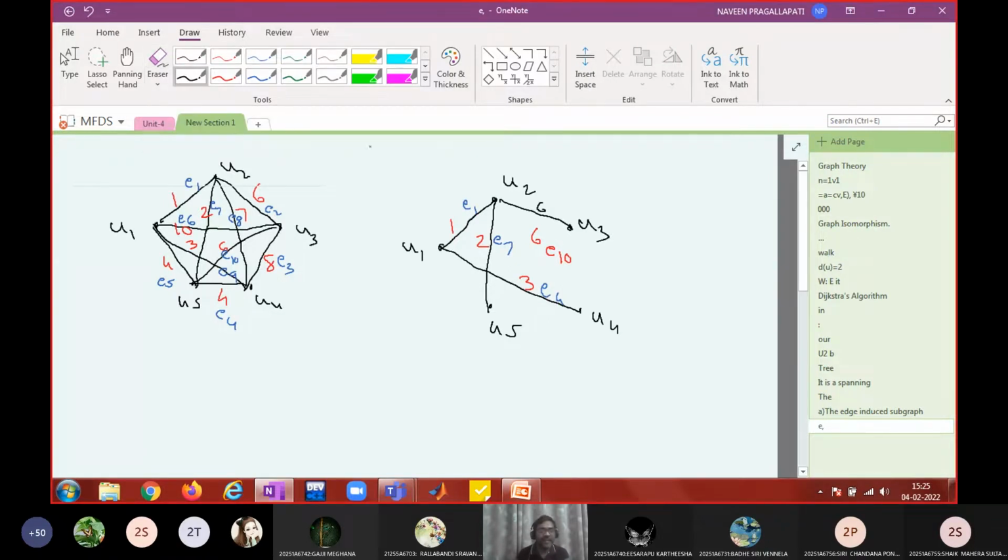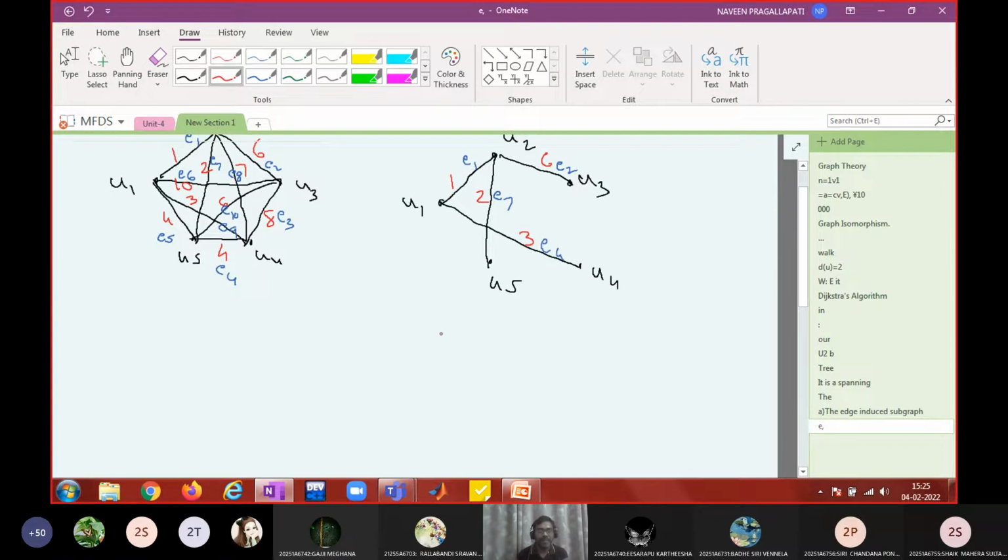So if I take it like this, what is this edge? This is called E2. This is 6. Now what is the minimum weight? When I say this is G and this is T, the minimum weight is going to be 12, sir: 1 plus 6 plus 2 plus 3, 12.